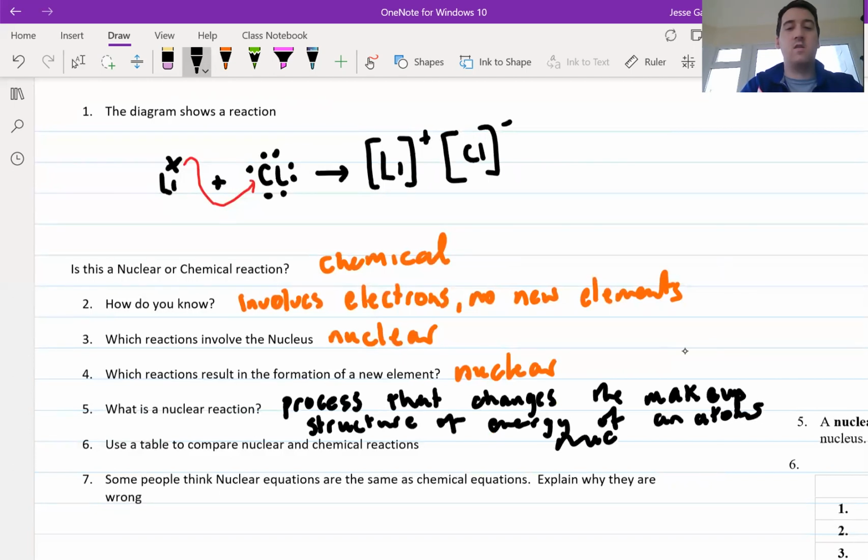That is what a nuclear reaction is. It's a process that changes the makeup, so what it's made up of, how many protons, how many neutrons. So it changes the makeup, structure, or energy of an atom's nucleus.